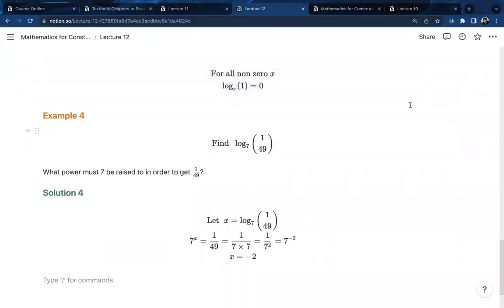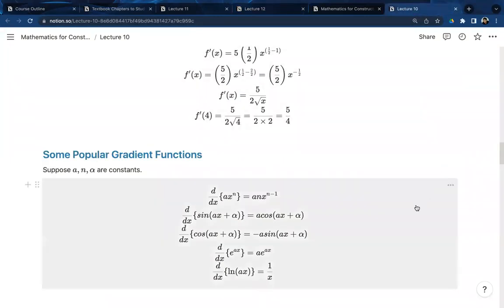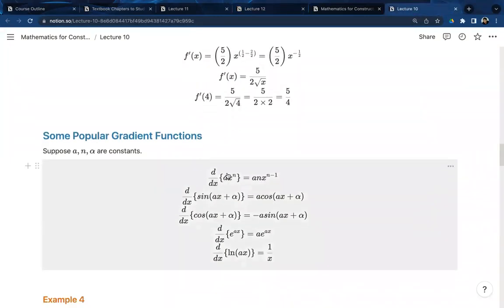When we started calculus in lecture 10, we had some derivative functions here like sine, cosine, e, right? E is the natural number, the natural exponential function, e to the ax. E is a constant. This ln x is log to base e.